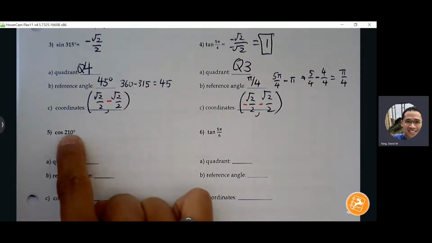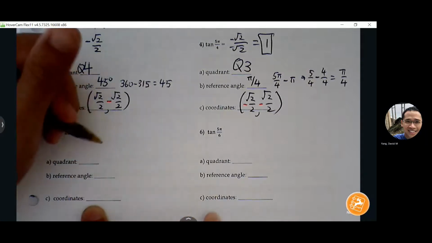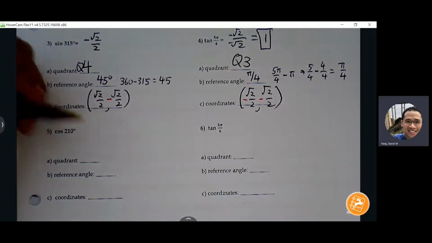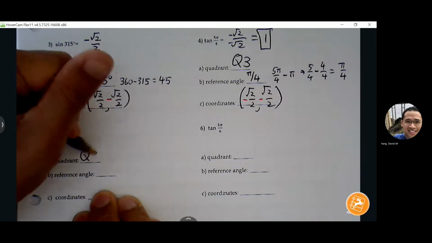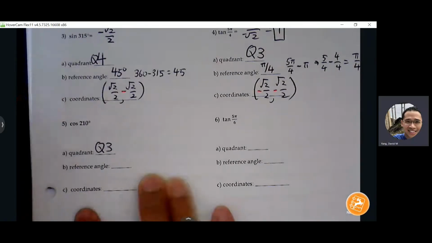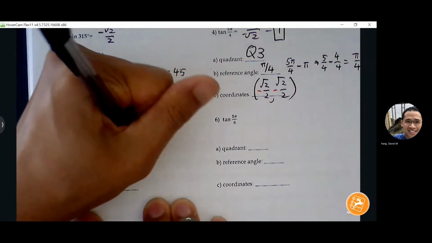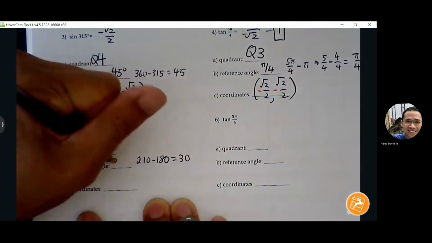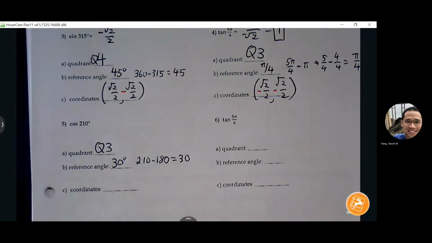Cosine of 210. Again, in the third quadrant. Reference angle, we have to involve 180, so 30.